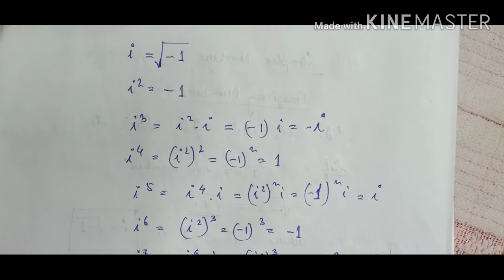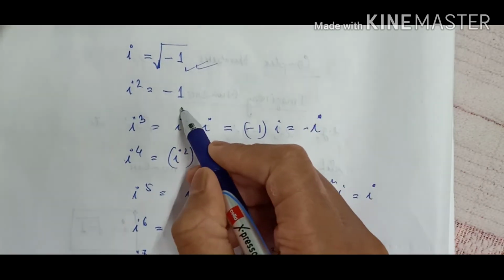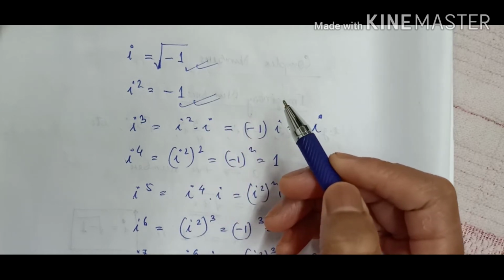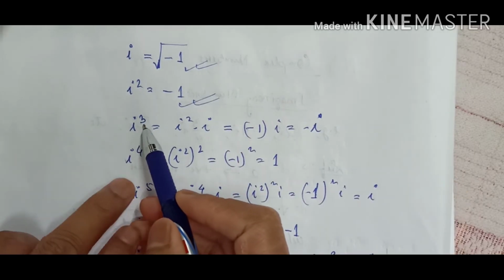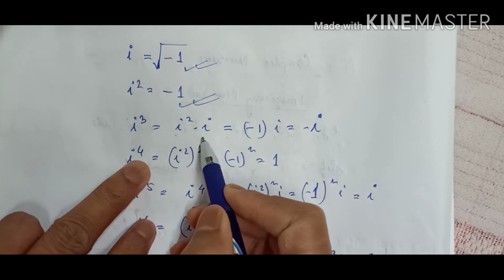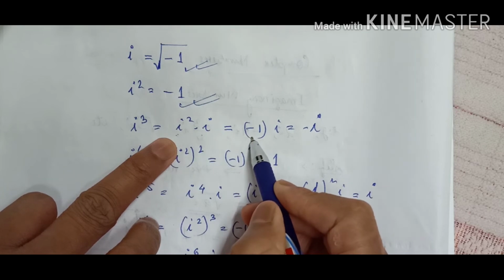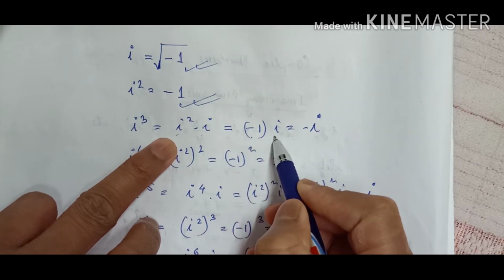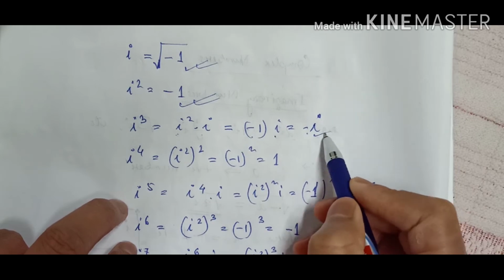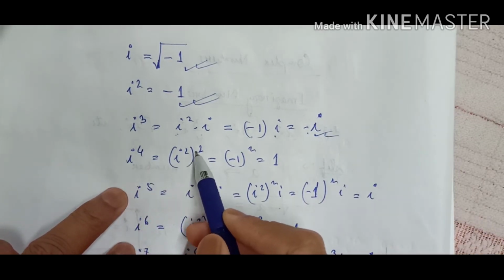You can see here i equal to this one, already did, i square equal to minus 1. Now i cube, what we can write, i square into i. Instead of i square, what we can write, minus 1 into i is equal to what, minus i. Then i to the power 4 we can make i square square.